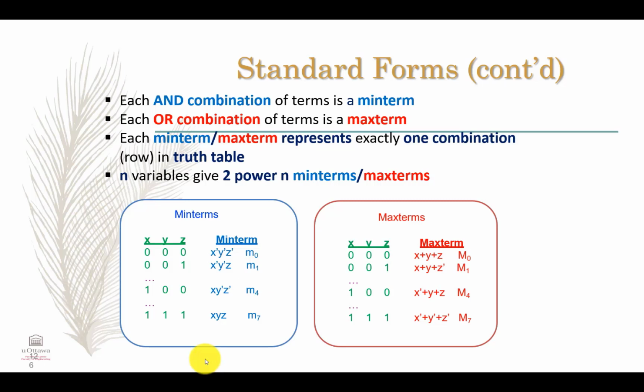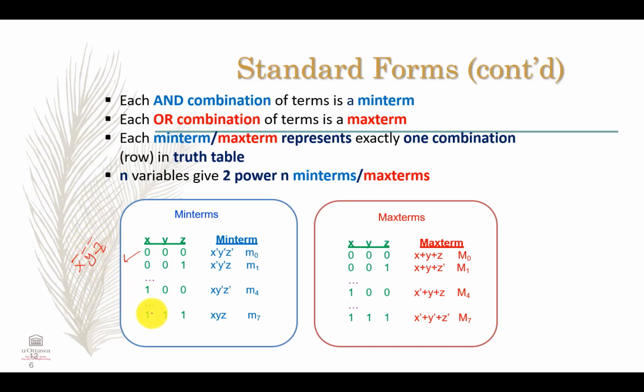If I would like to write the sum of products format from my truth table, what I have to do is describe each possibility as a minterm and refer to each variable in its true format or its negative format. In other words, if I would like to refer to 0, 0, 0, that minterm will be equal to x prime, y prime, z prime.